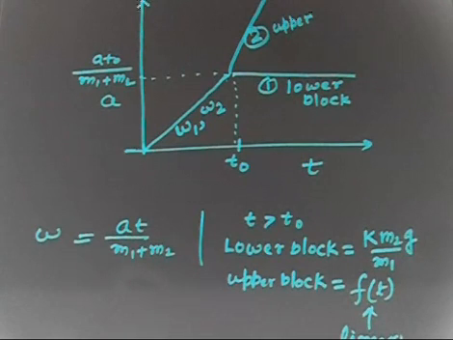Initially, if I apply a force on the top block and this force is very low, both blocks will move together because friction is enough. If the applied force is greater than the friction, then both blocks will move separately, and the upper block will slip over the lower block. So the upper block will have more acceleration than the lower block.